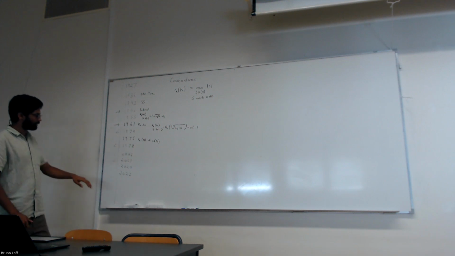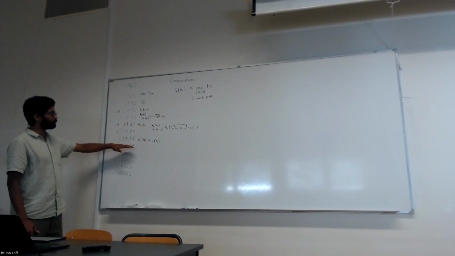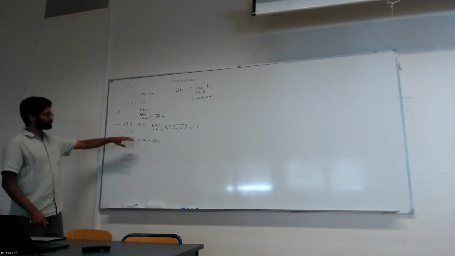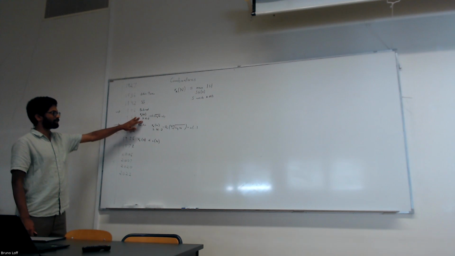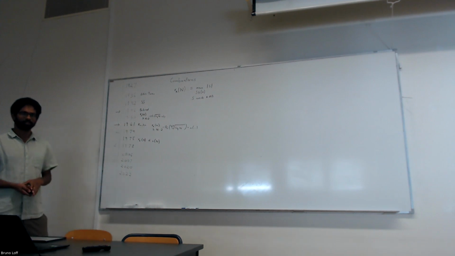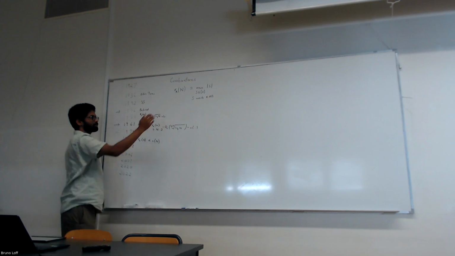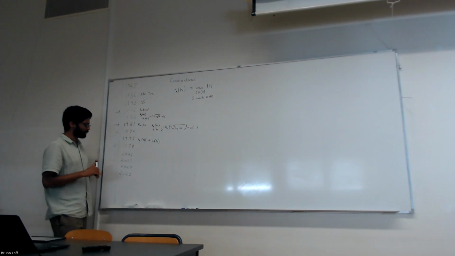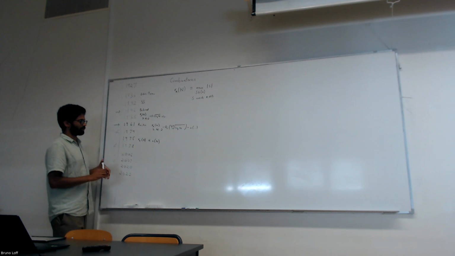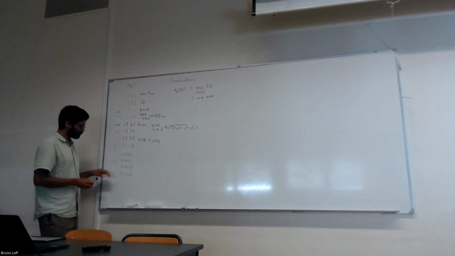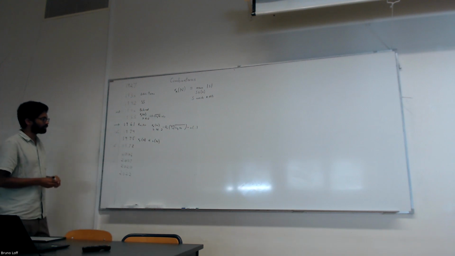Since then, people have tried to improve the other side. So showing large sets exist is like constructing large sets, but showing that if your set is too large, it cannot avoid a k-term progression. There weren't as good bounds on that, but recently there has been a lot of progress.